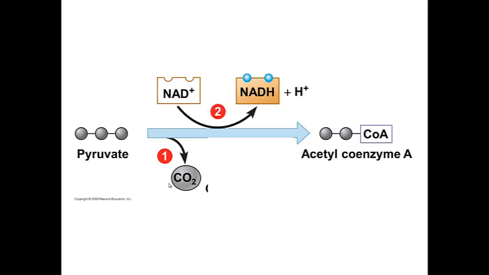Second, NAD plus gains an electron and is reduced to NADH. And third, a coenzyme related to vitamin B is joined to the 2-carbon fragment to form a molecule called acetyl-CoA. This is the molecule that can now enter into the citric acid cycle.